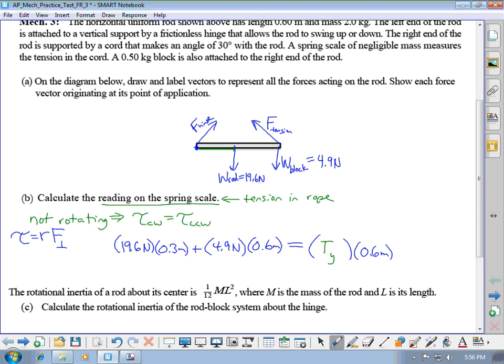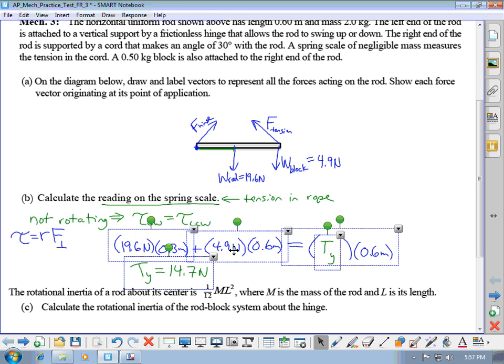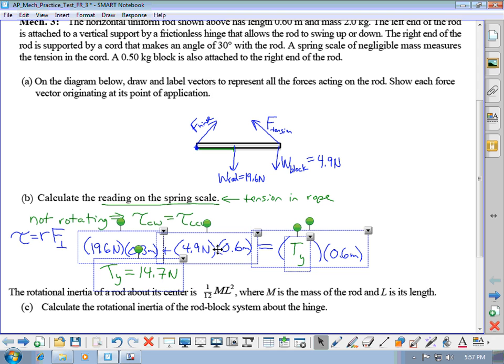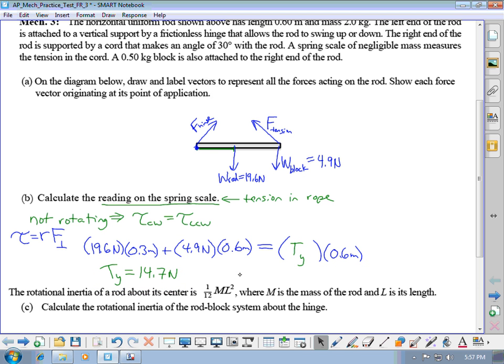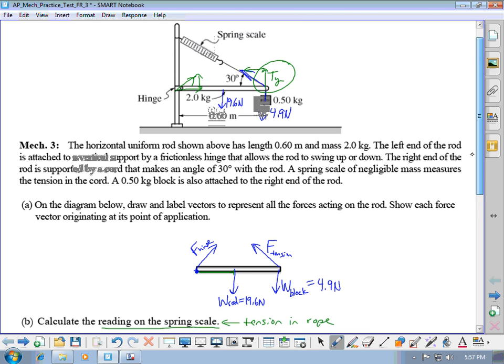So if I go through and solve this for Ty, I get that Ty is 14.7 newtons. Once I have that, I can calculate T. T is the full tension.